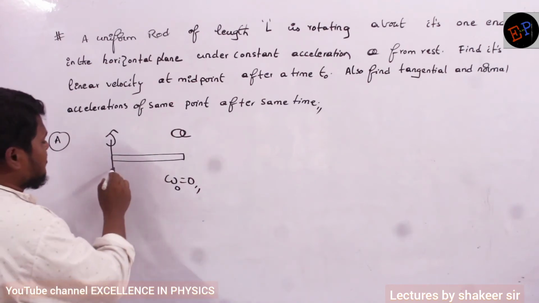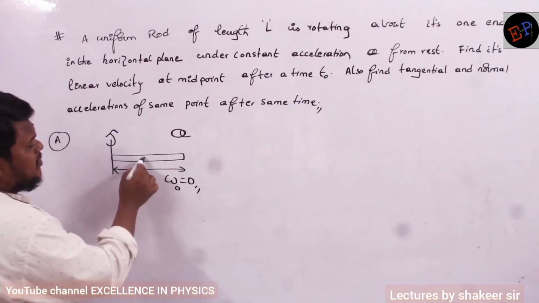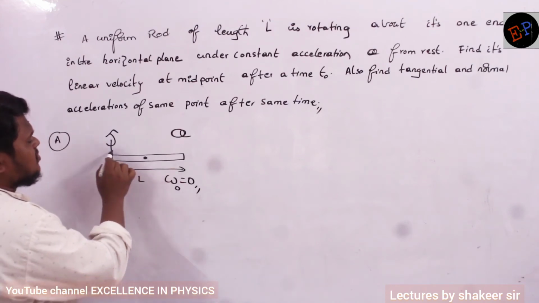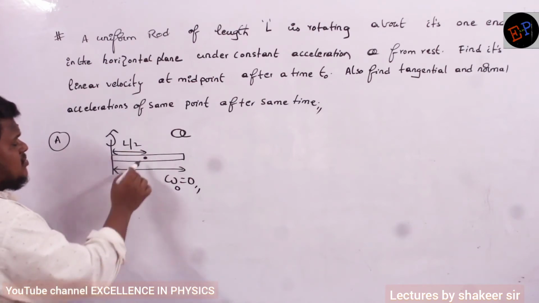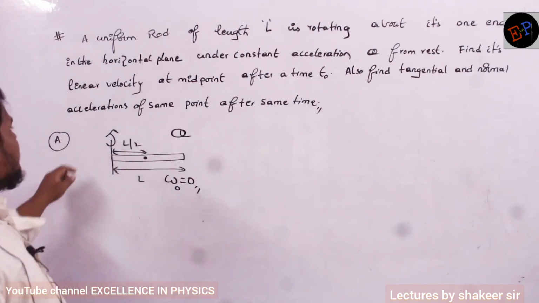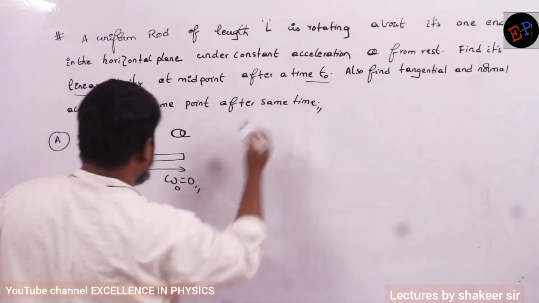What is the length of the rod? The length of the rod is given as L. The midpoint means somewhere here, so its length will be L by 2. At this point, I want to find out the linear velocity after a time of t0.